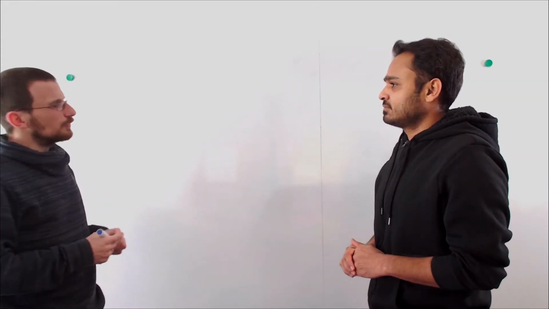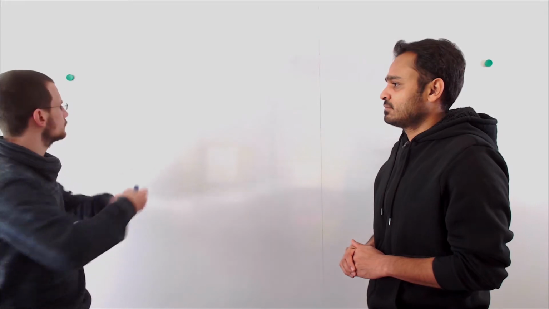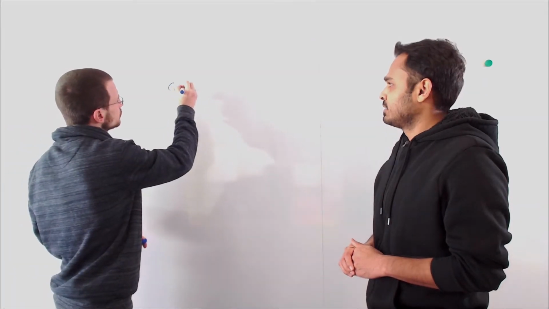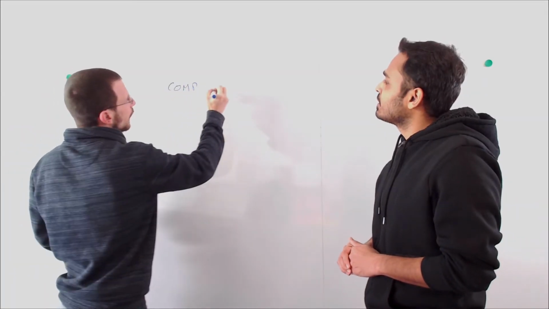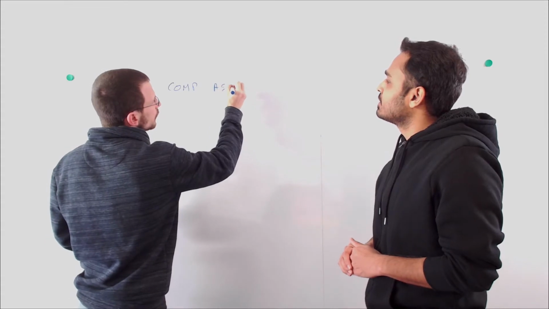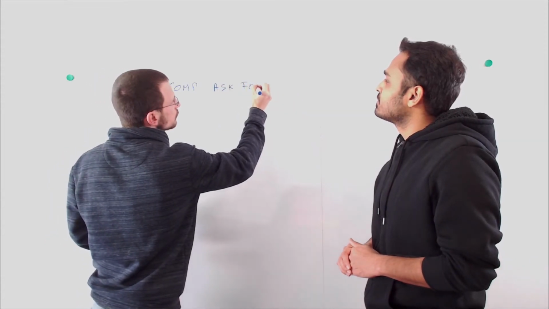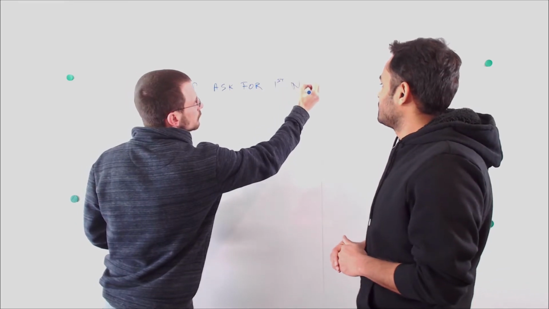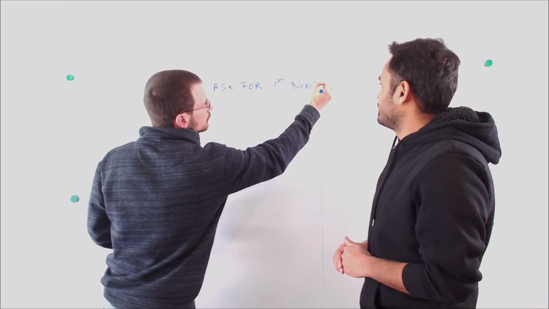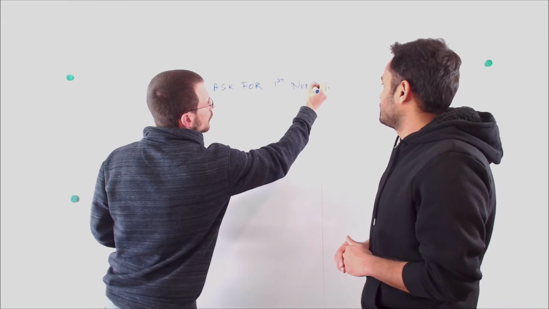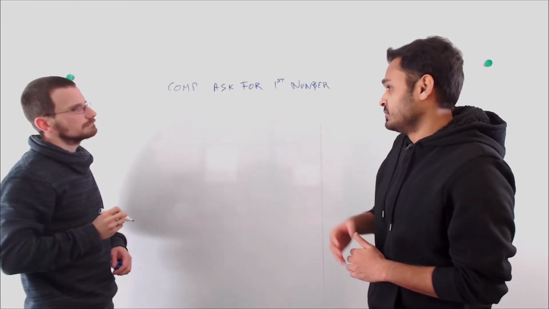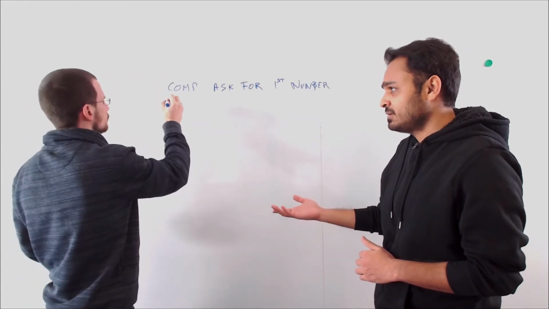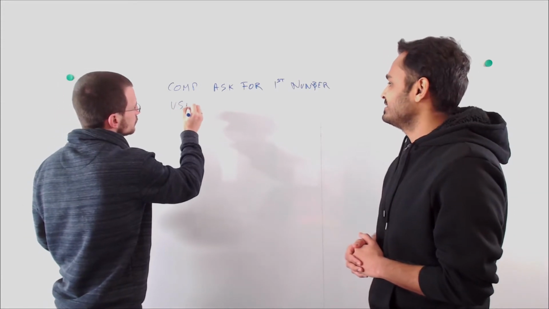So the first thing the computer needs to do is ask us for the first number. Computer, ask for first number. And now the user enters the first number? Exactly, in this tool.